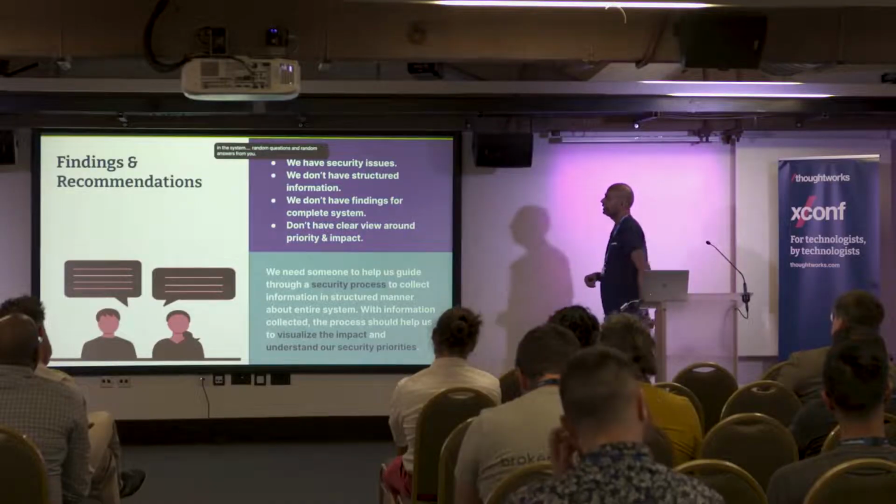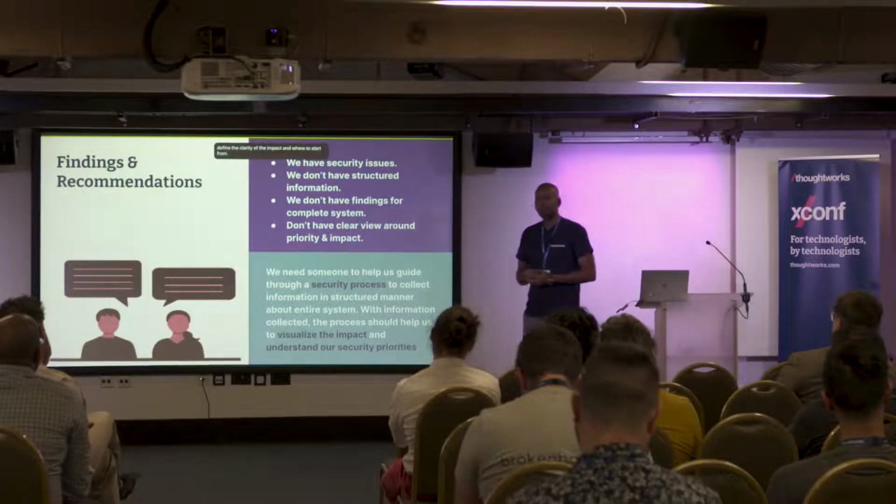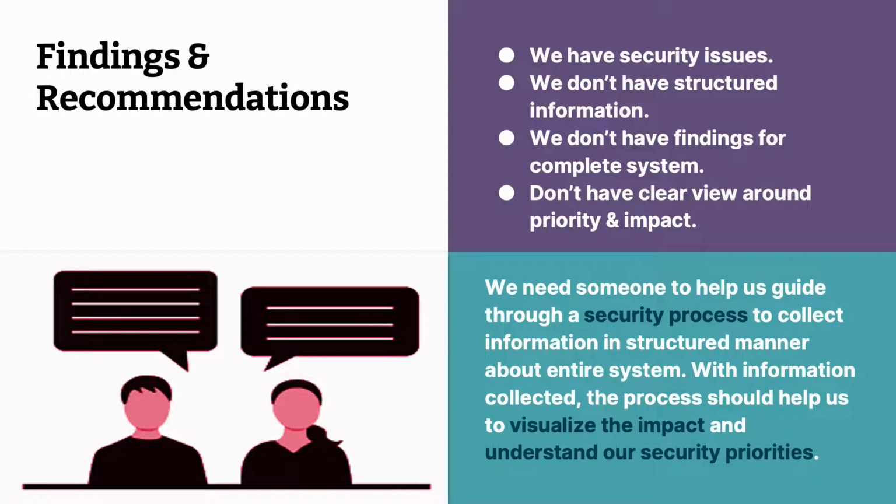And that's where they came up with a recommendation. The recommendation was that we understand there's a problem, but we need a process. We need a process that can help us put this information in a structured manner and then help us to analyze that information, to visualize the impact, and understand our security priorities.